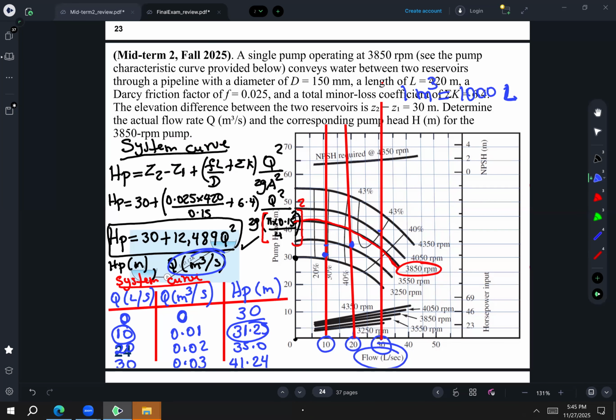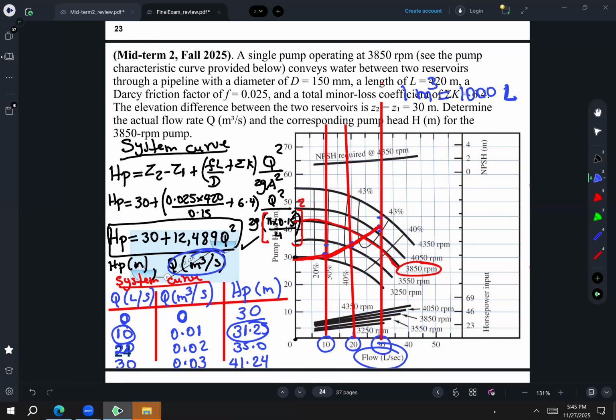This is 40, this is 45, so 41.24 will be more or less here. So I can join those points, and I can find the intersection.